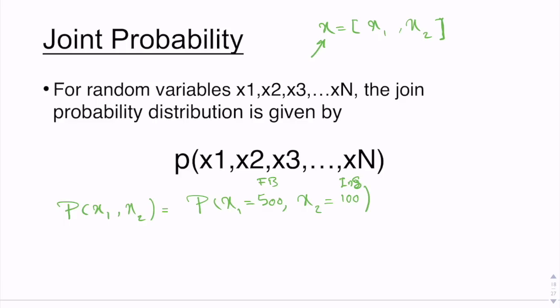What is this probability? So this is a joint probability with two random variables.